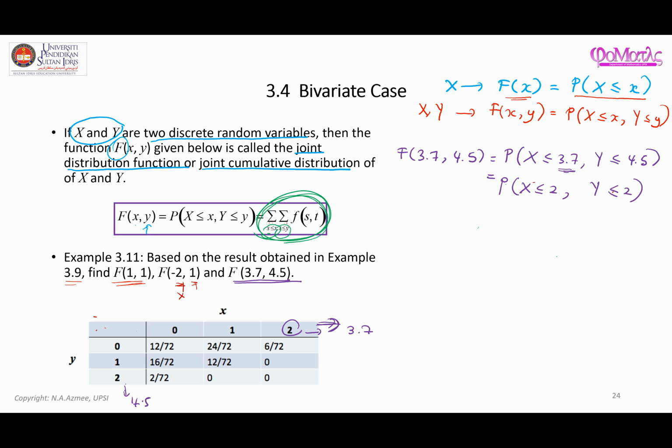So that means the probability of that happening is going to be equal to 1, because you are considering all the range from 3.7 and 4.5 in this direction, so you will cover all the probabilities associated with that, and when you add them up, it will be equal to 1.